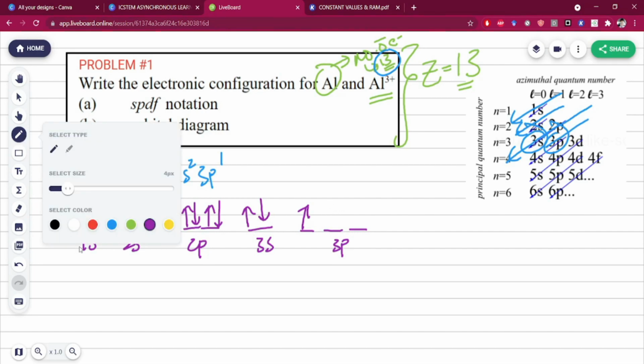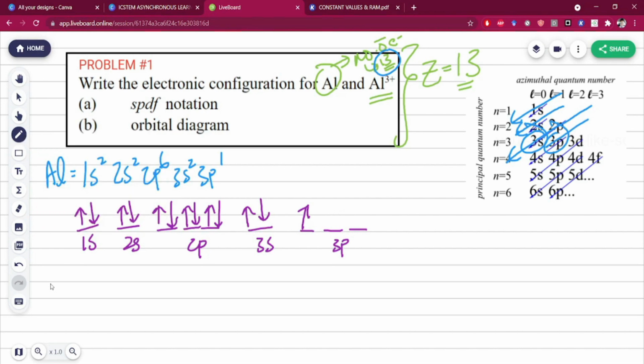Okay, so what about Al3 plus then? Al3 plus means you are taking out 3 electrons. So you're going to take out 1 electron, 2 electrons, 3 electrons. These are the electrons that will be taken out first because they are the furthest away from the nucleus.